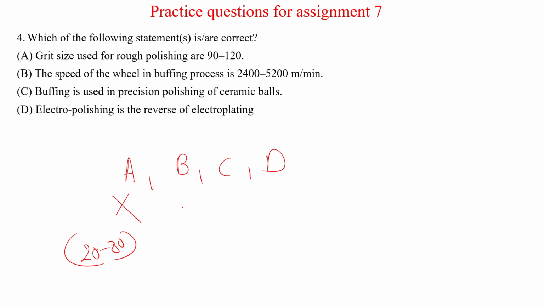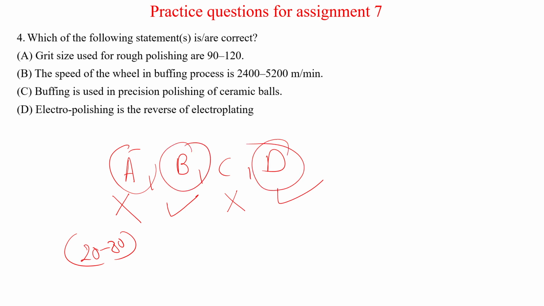Right. Okay, B is correct. C. No, sir. Ceramic balls, no. For ceramic ball, what are we using? Magnetic fluid, yeah. And D. Electropolishing leavers. Yes, sir. It's true. Fine. Answer is B and D.